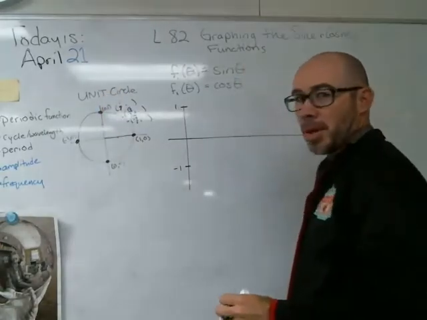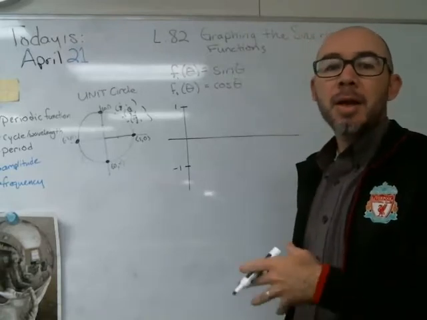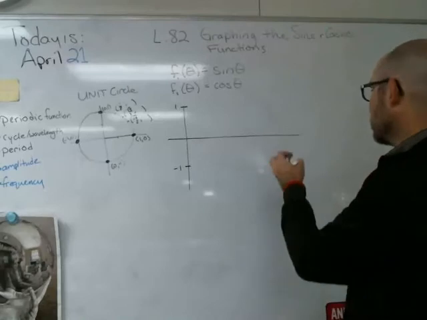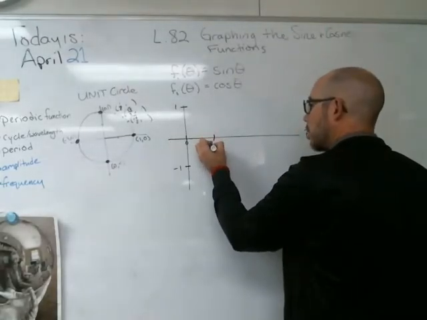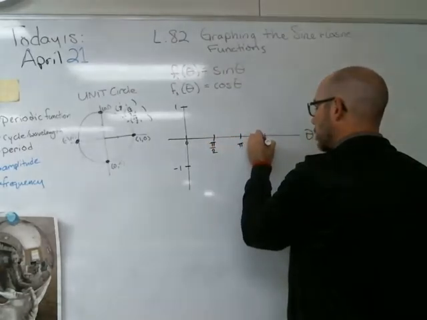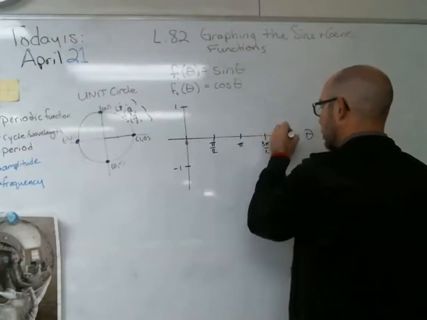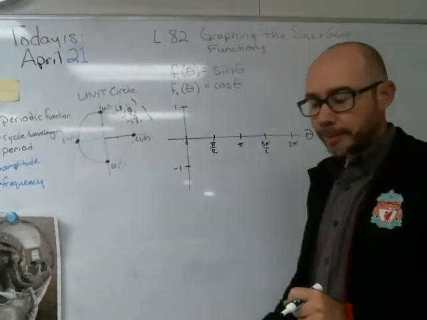I don't really care about the other ones because I'm only concerned about the cosine values associated with each angle. Okay, so we're going to go from 0 to pi over 2, pi, 3 pi over 2, to 2 pi, so we can go around the circle 1 time.